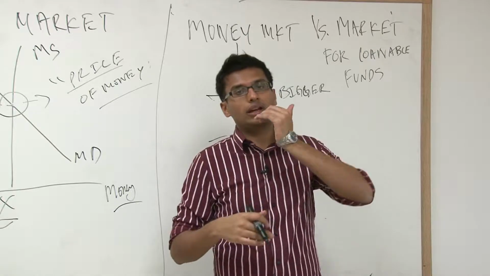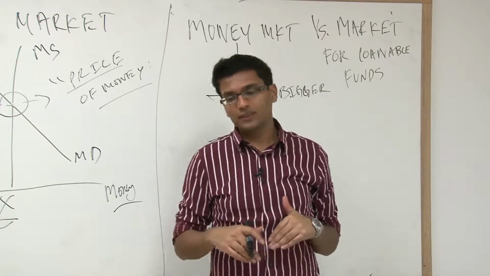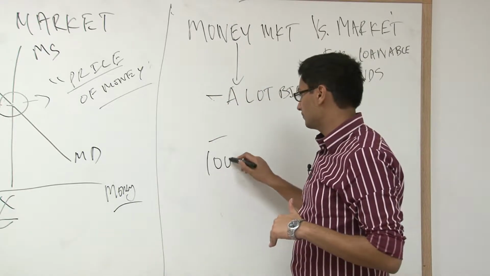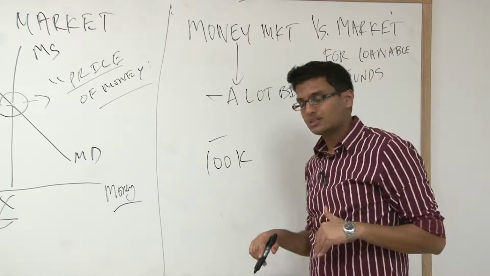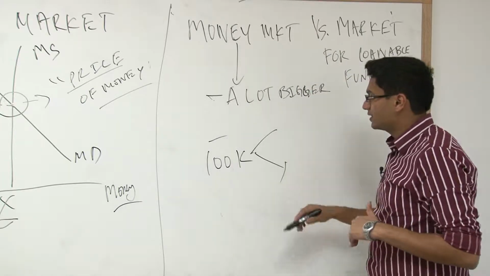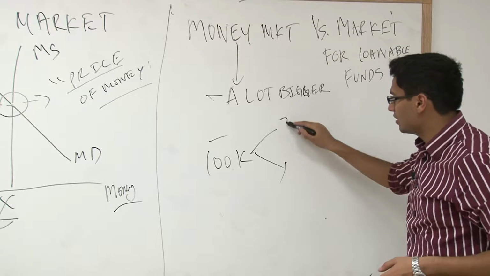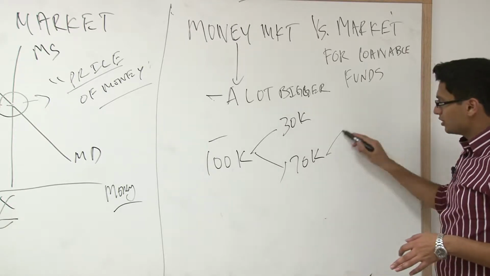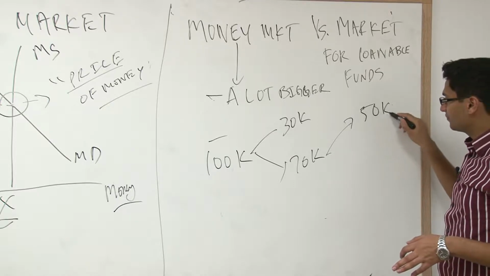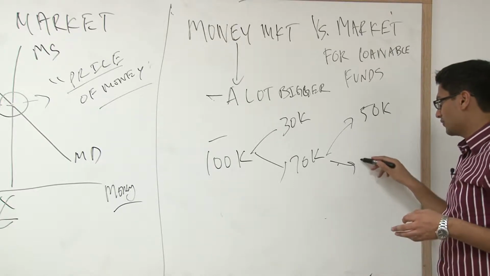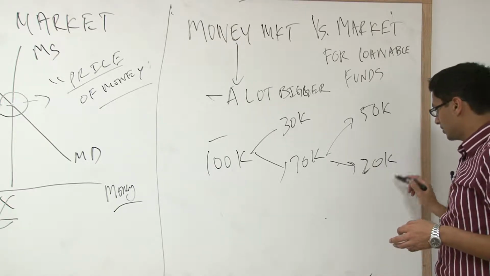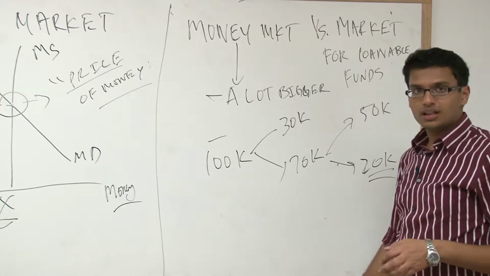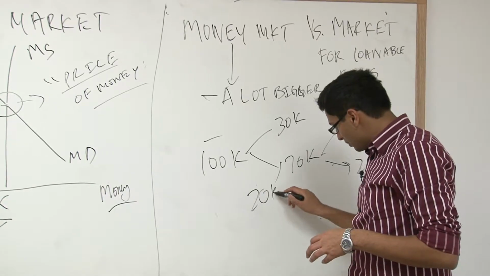So out of the money you make, say you make $100,000. Tax takes away $30,000, and you get home $70,000. Out of that, you consume $50,000 and you save the rest, $20,000. You put this $20,000 in a bank.